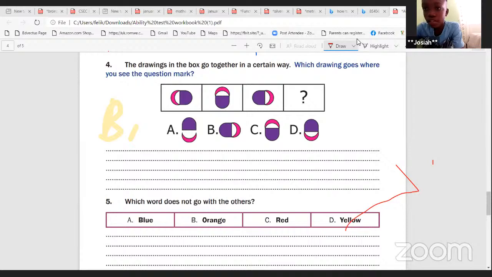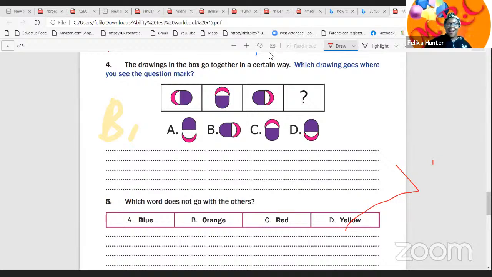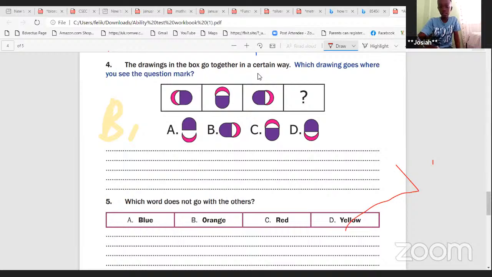Yes, Josiah? Miss, can I answer this one? Oh, no, Josiah. I'm going to allow 2 other persons who haven't participated as yet. So next time, Josiah. Thank you for volunteering, okay? Thank you, my darling.